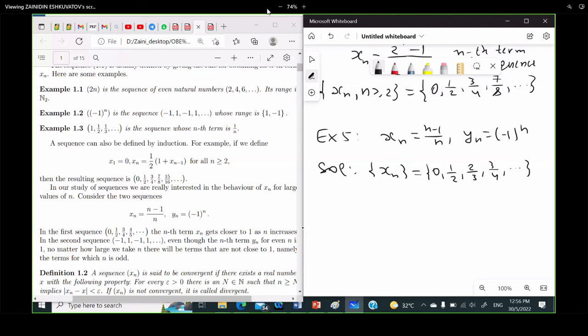What about yn? It is better to find the listing of the elements of yn first. So when n equals 1, it is -1, 1, -1.